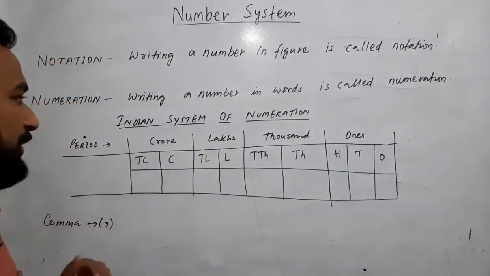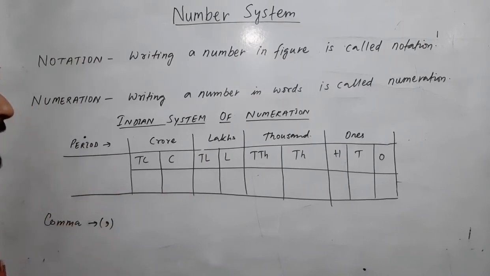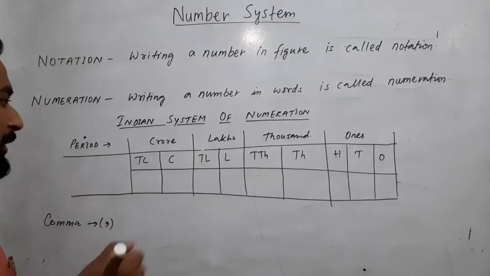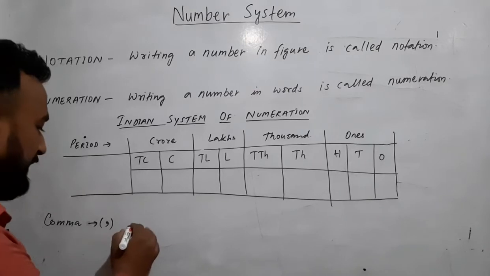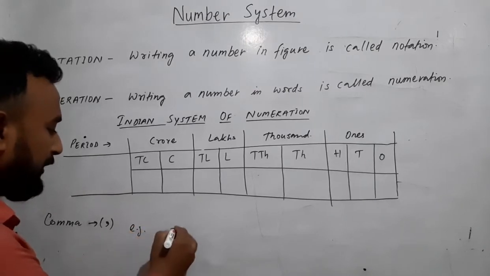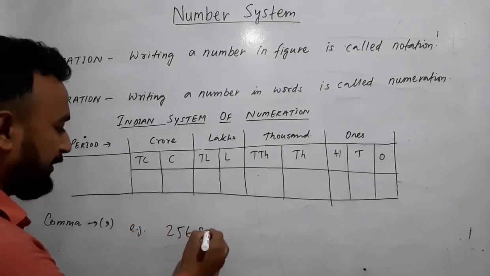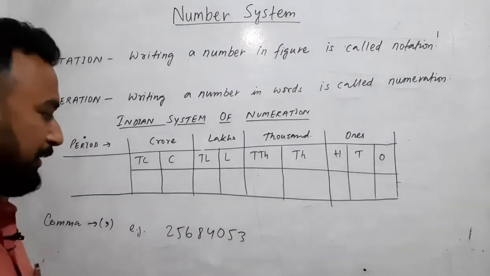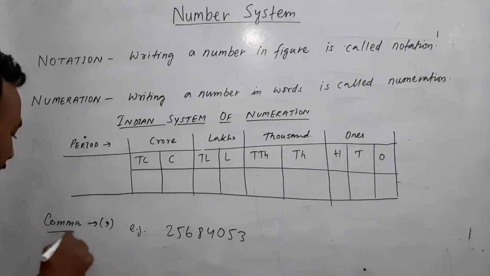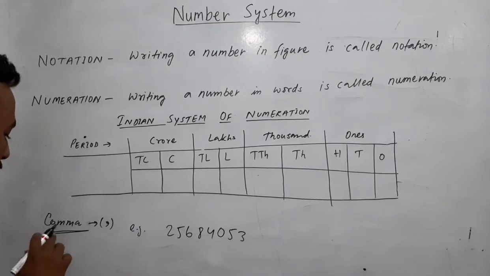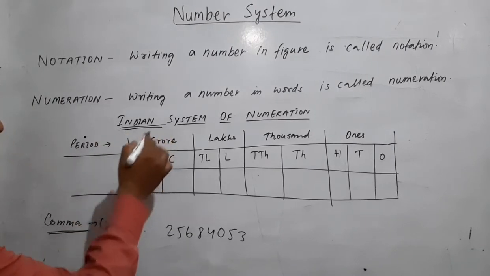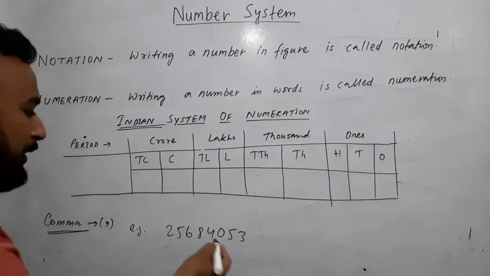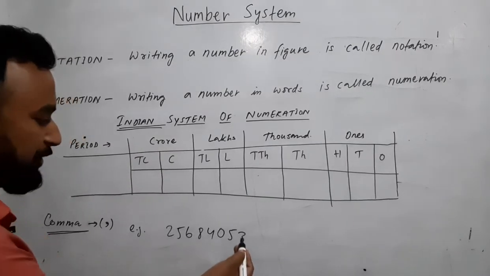According to the Indian system, let us take an example. I am taking the number 256840553. First of all, I am going to teach you how to put commas according to the Indian system of numeration.